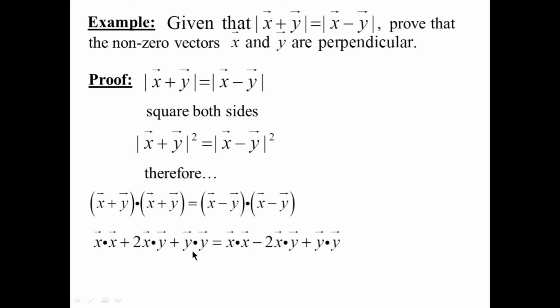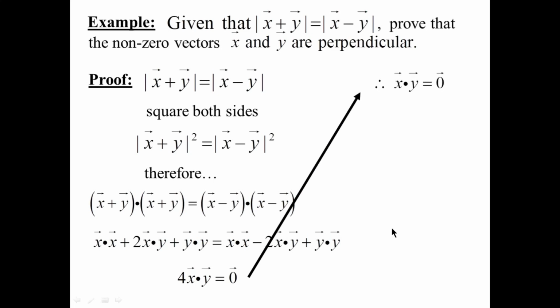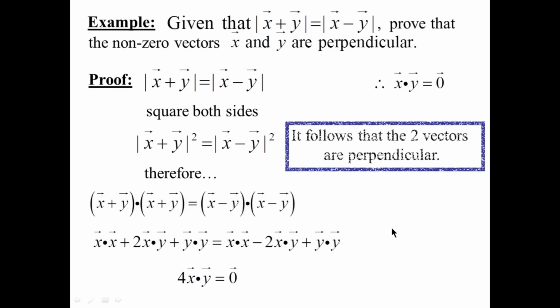There's a y dot y on the left of the equal sign, and there's a y dot y on the right, and so they offset each other. And if we took this minus 2x dot y and dragged it across here, we would have 4x dot y equals, well, there's nothing left on the right. And this means that x dot y equals 0. And if x dot y equals 0, we can conclude, therefore, that x and y must be perpendicular.